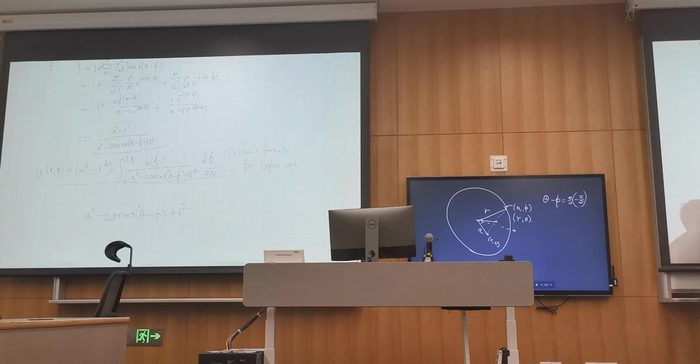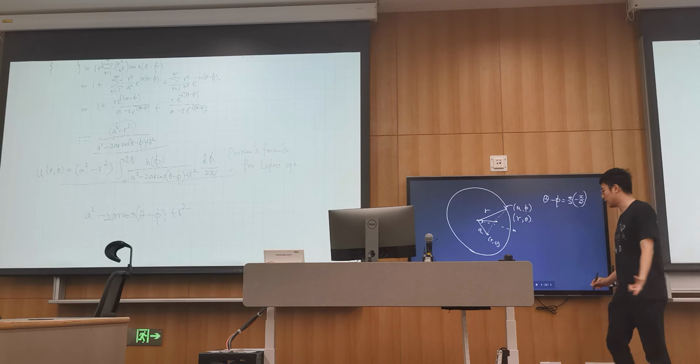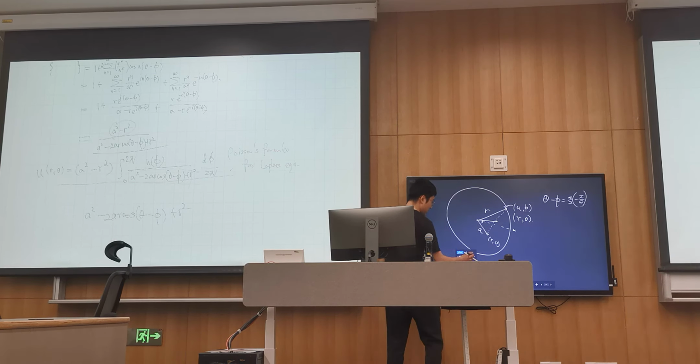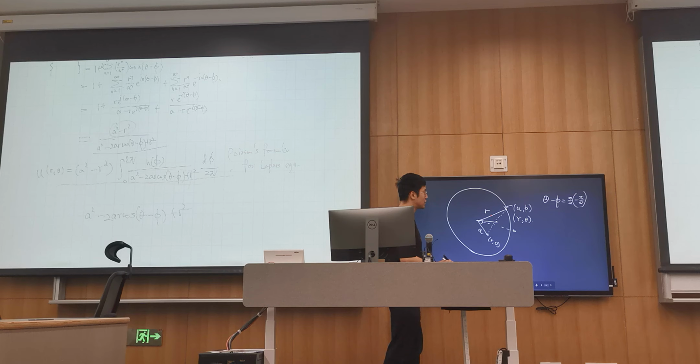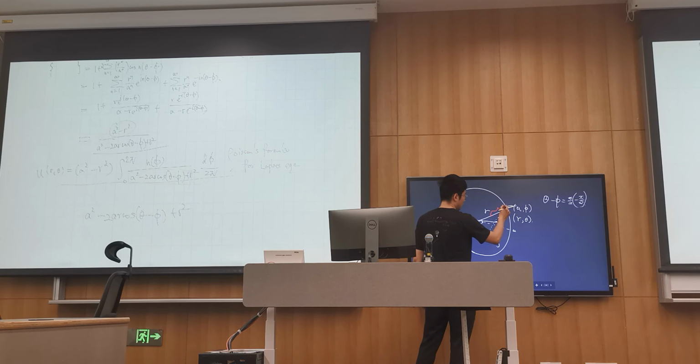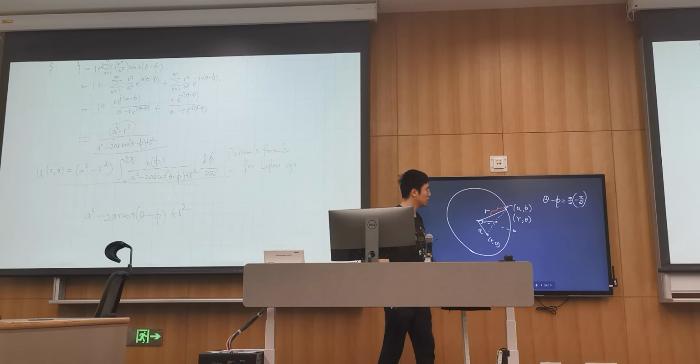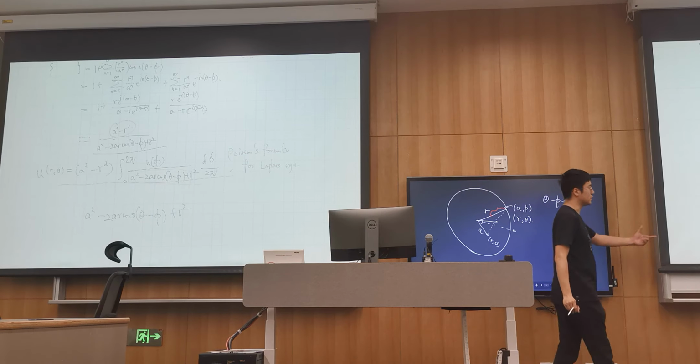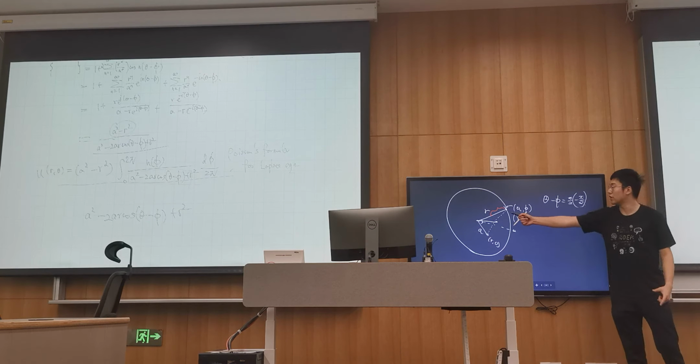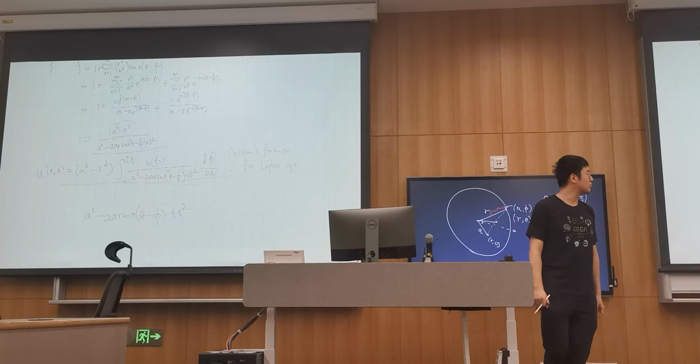A squared minus 2ar plus r squared is actually a minus r squared in this case. r theta is actually here, right? Because theta is phi. So this is the square of the distance. That's again the distance between these two things.